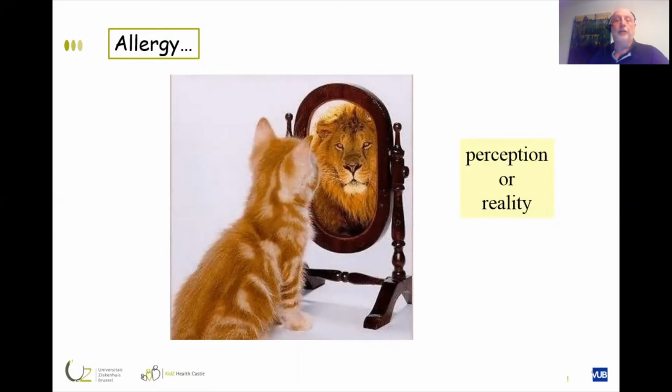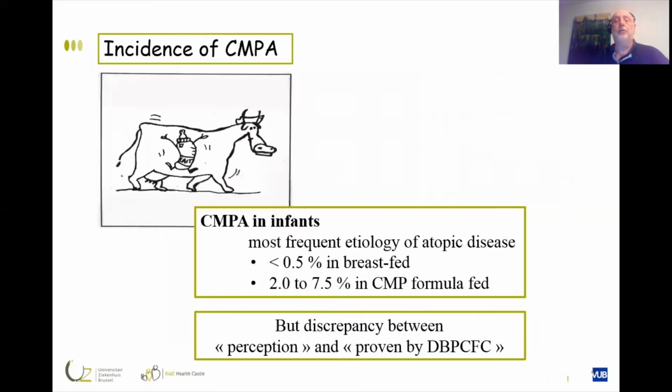And what about allergy? Well, we know that parents need to be reassured because their perception is always much worse than daily reality. And that's true for allergy, but that's also true for the functional gastrointestinal disorders.